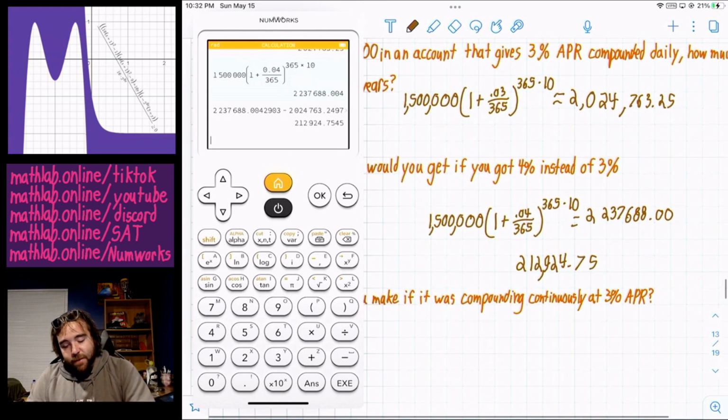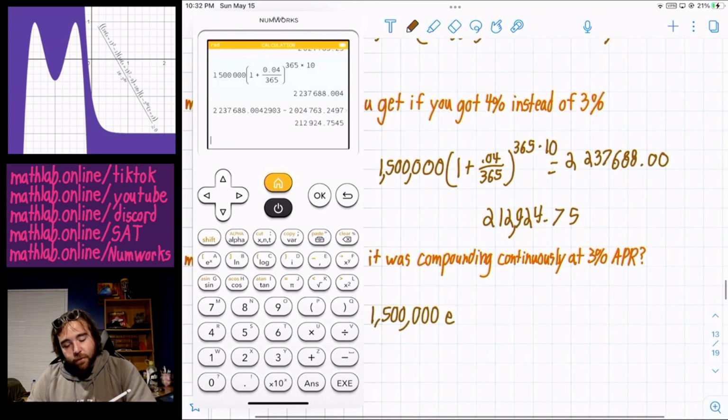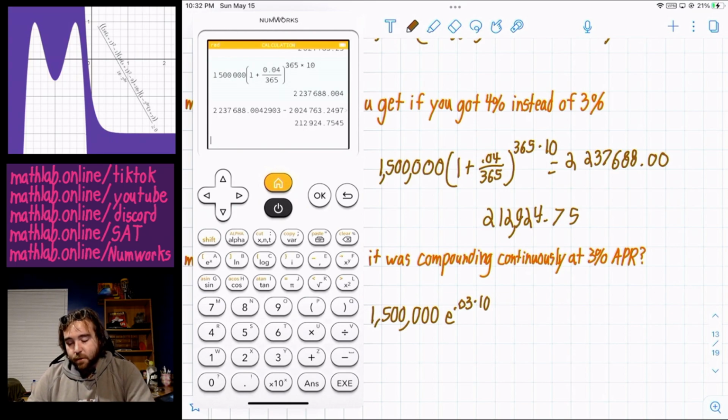Nice. And then we have compounding continuously. So that's the 1.5 million times e, we're at the 3% now, times 10 years. So that's 1.5 million times e to the 0.03 times 10.